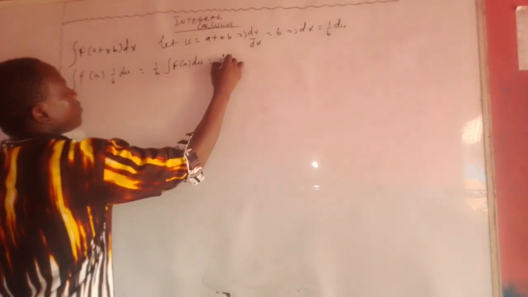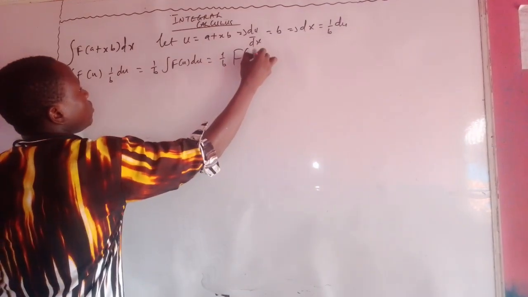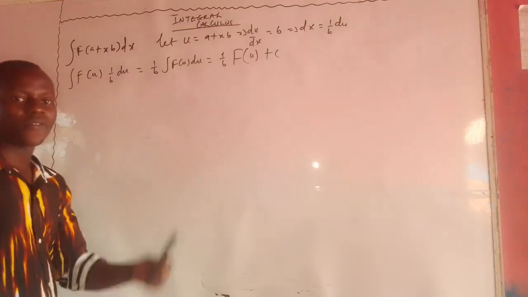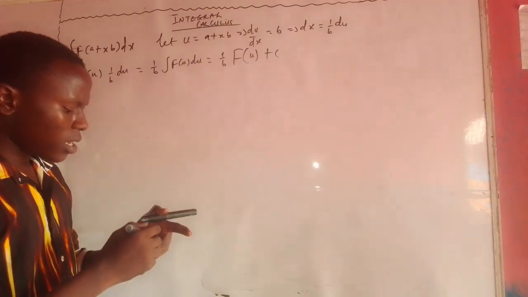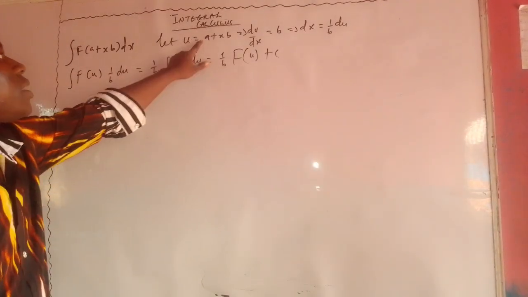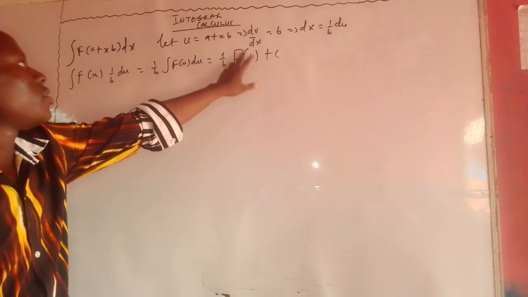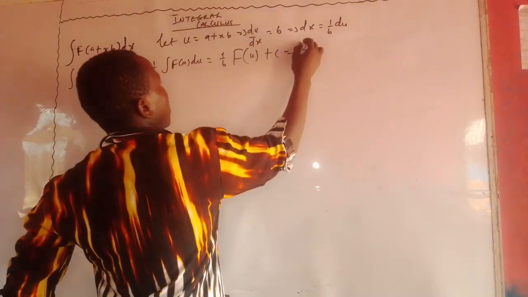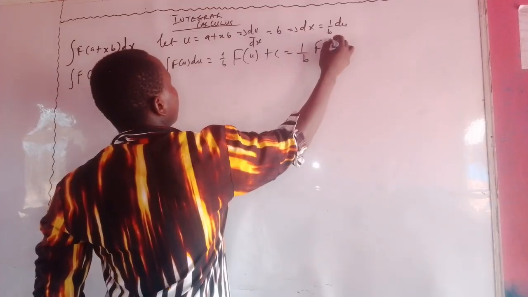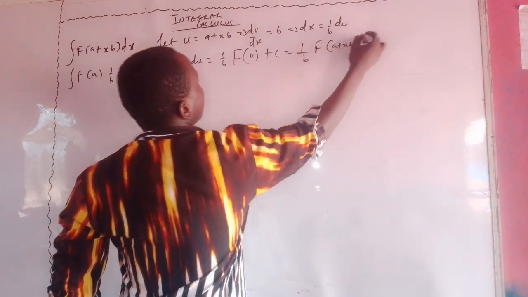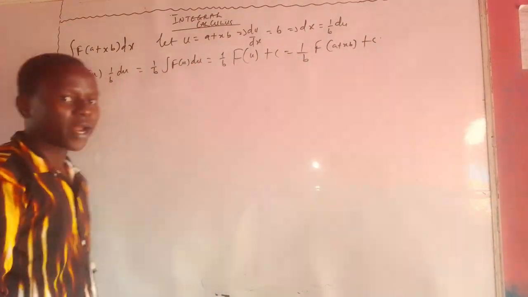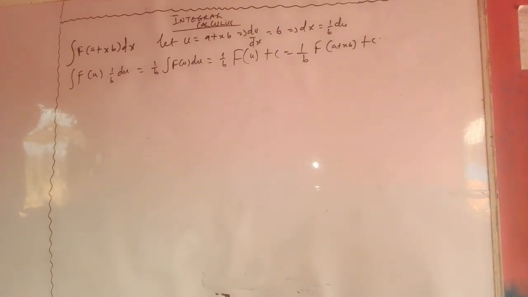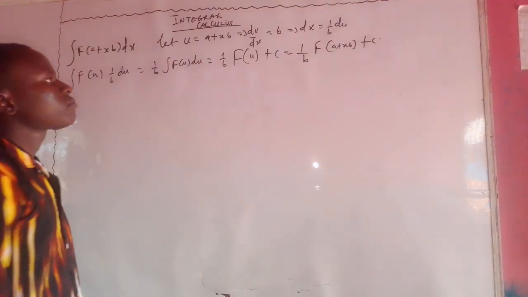Then we have 1 over b, capital F of u, plus c. Don't forget, we have a constant. Then remember that u is a plus xb, so we substitute back. We have 1 over b, F of a plus xb, plus c. So that's that.